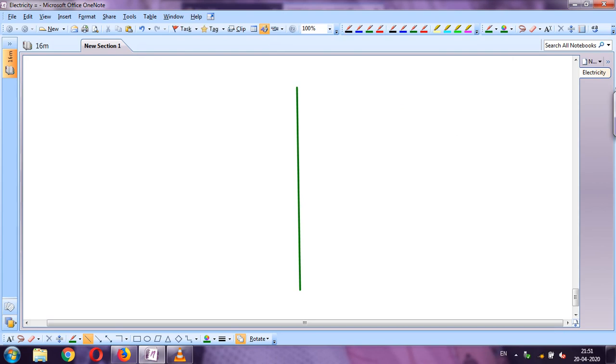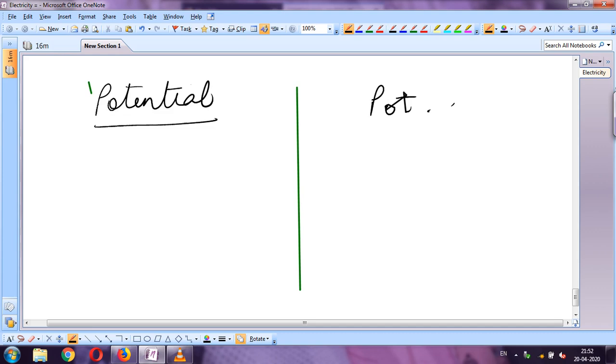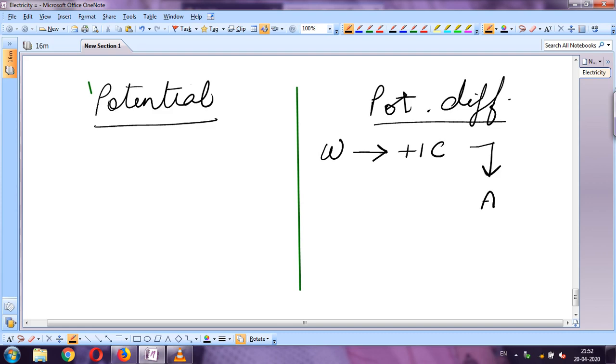So understood. Now let us talk about them in brief and differentiate. About potential we will write here, and about potential difference I will write here. Potential difference was the work done on unit positive charge in moving from one point to another.